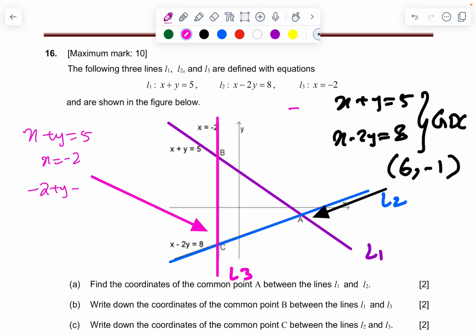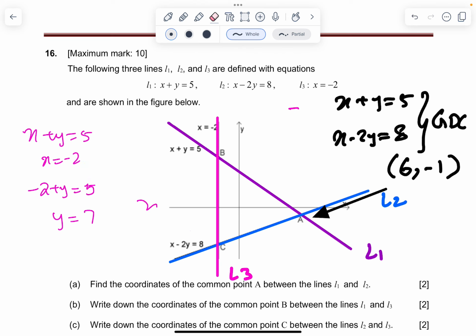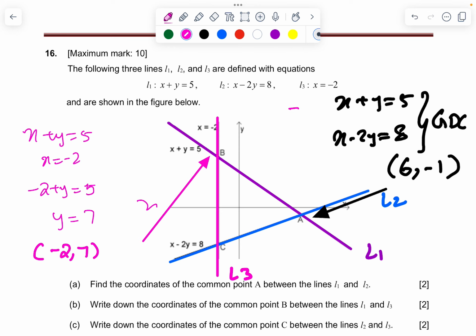So negative 2 plus y equals 5, y equals 7. So the point is negative 2 comma 7. Which is that point? This is going to be this point, L1 and L3.